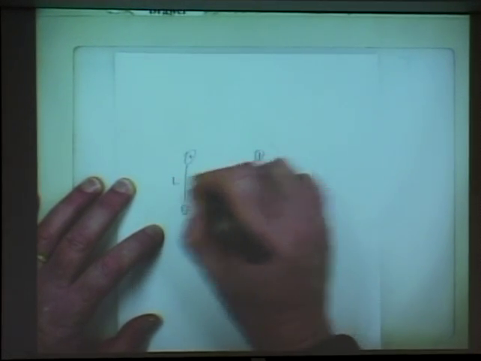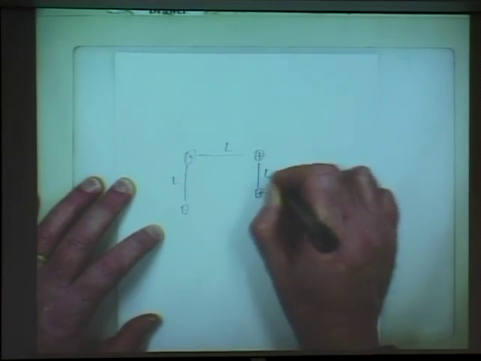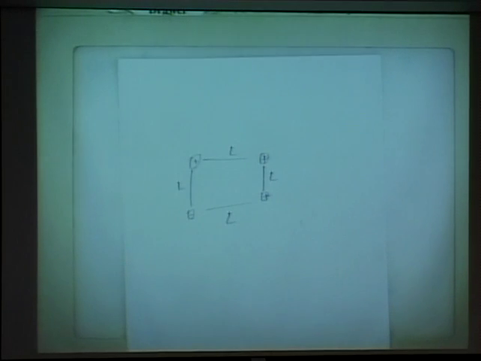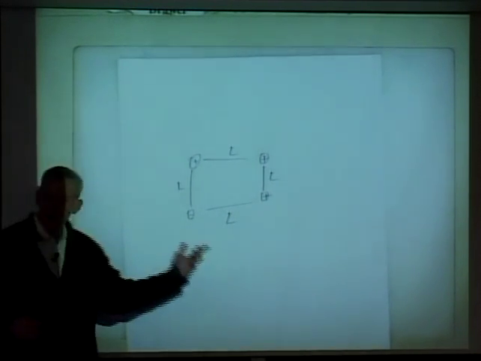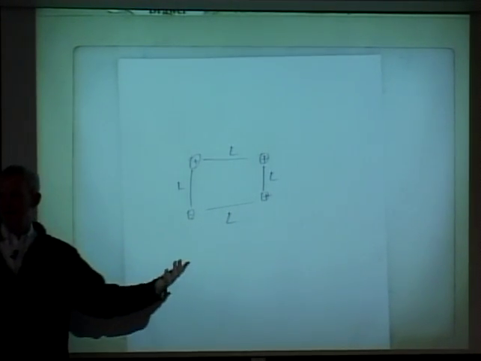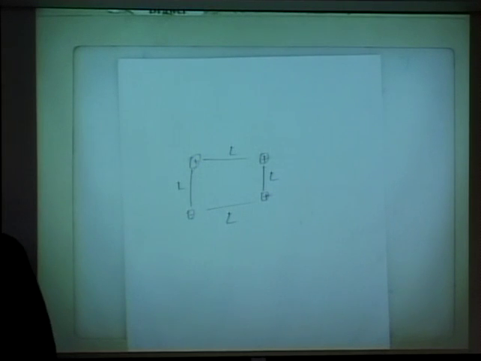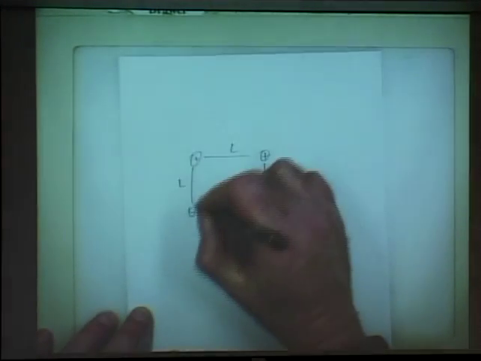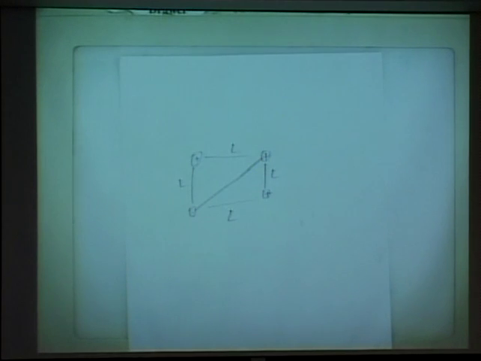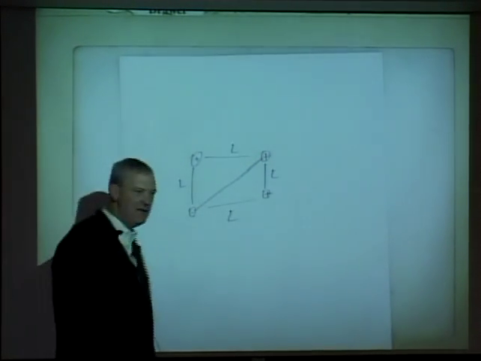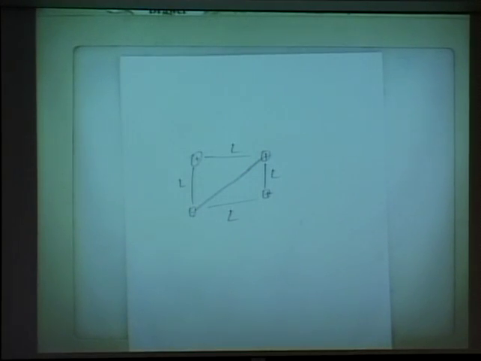This is L, this is L, this is L, this is L. But we also have two other things we've got to consider. What are they? The diagonals. Exactly. Very good. What is the distance between here and here? L square root of 2. Exactly.